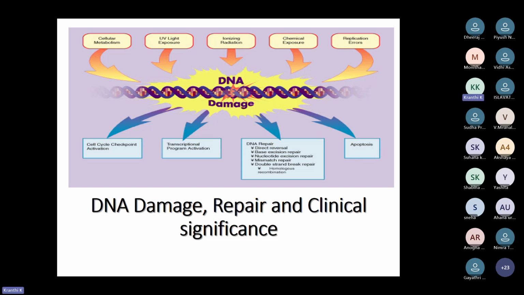Then transcriptional program activation also will happen. Sometimes, if it is not repaired, then what happens? It will send the information in the form of the mRNA as it is, right? Then the mRNA will produce a different protein than the normal protein. How are the proteins biosynthesized?